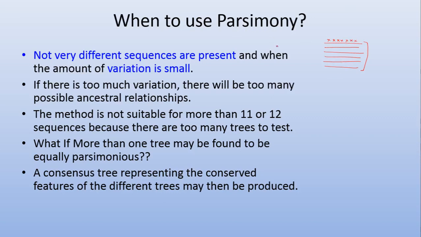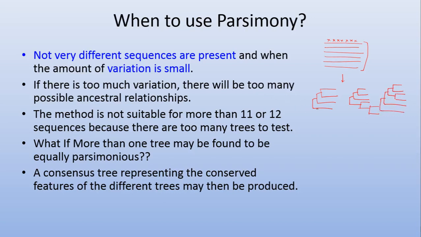Then you use maximum parsimony, and you use this maximum parsimony method to generate a number of trees. This is tree number 1, we'll say, for example, and you have generated tree number 2, right? And this is tree number 3 that you have generated, right?